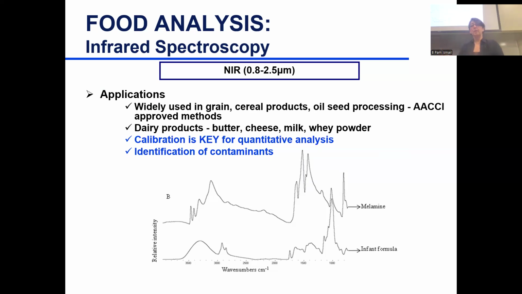Like I said, it's widely used in grains, cereal products, oilseeds, and also in dairy. But calibration is key. See that key is all in caps. It has to be calibrated as it is considered a secondary quantification technique.